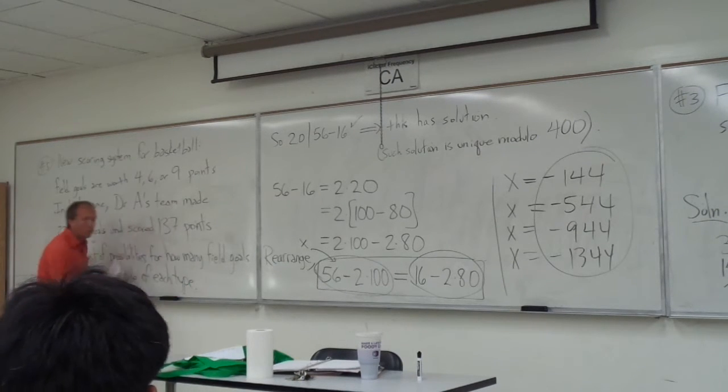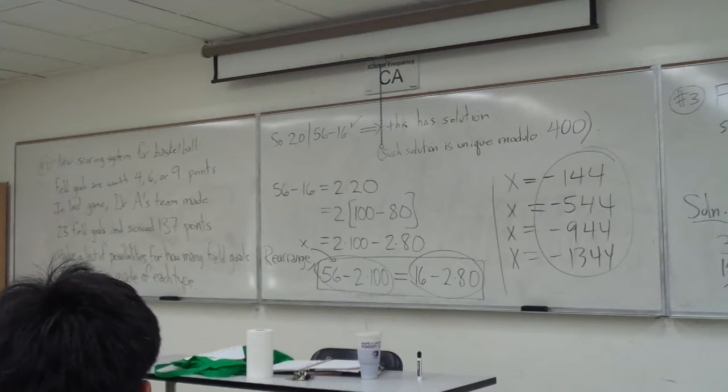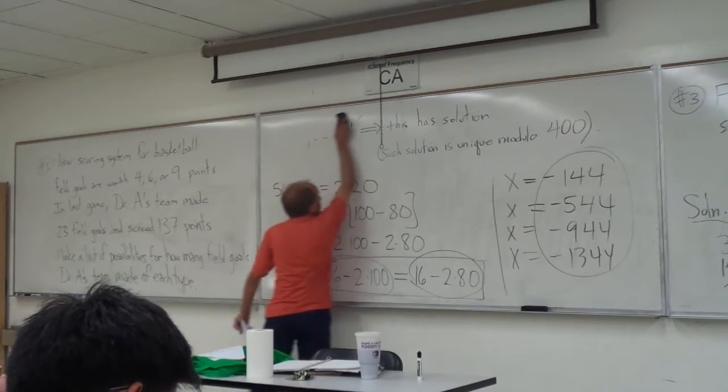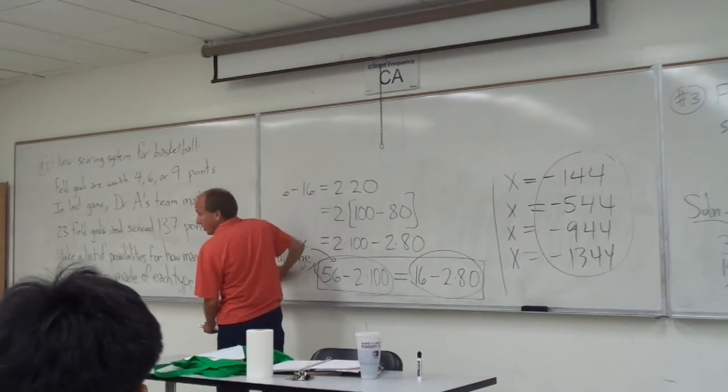So there's 3 types of field goals: 4 points, 6 points, or 9 points. This is a new scoring system, and that's the given information. Okay, just a word problem to sort of start us off.